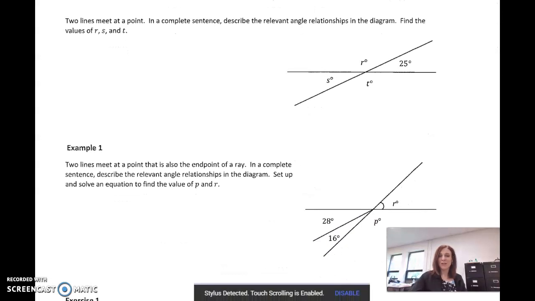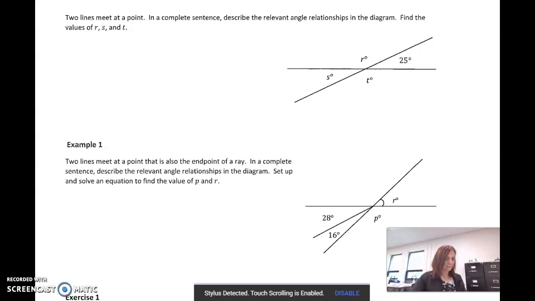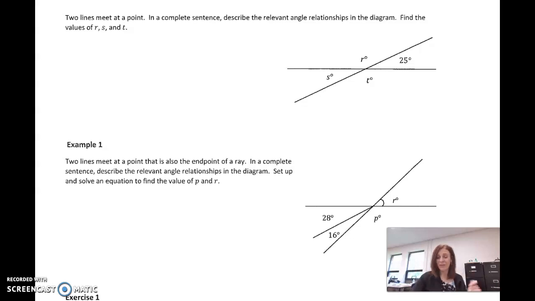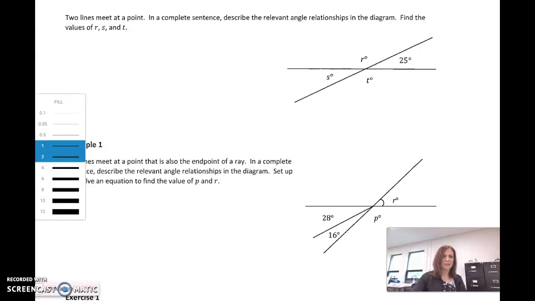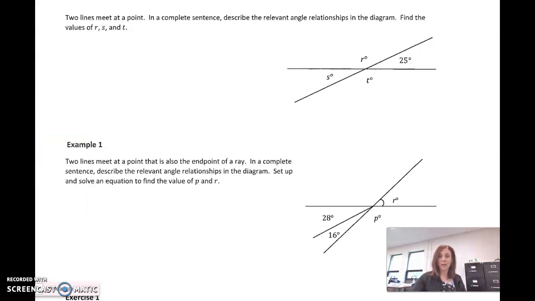All right, so it says two lines meet at a point. In a complete sentence, describe the relevant angle relationship in the diagram. Feel free to refer back to lesson 1 for the different types of angle relationships. The one I want you to focus on first is vertical angles.